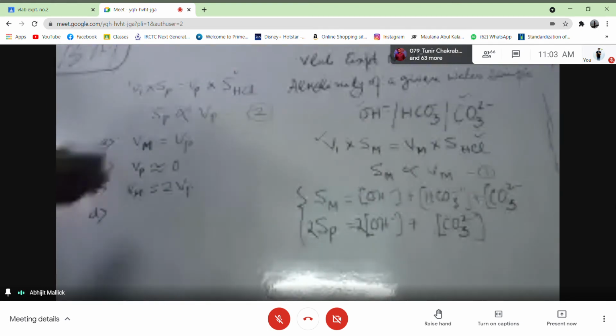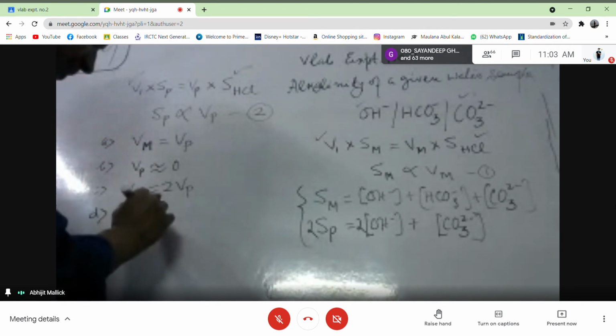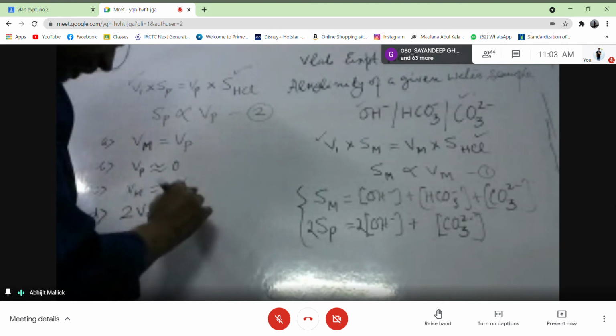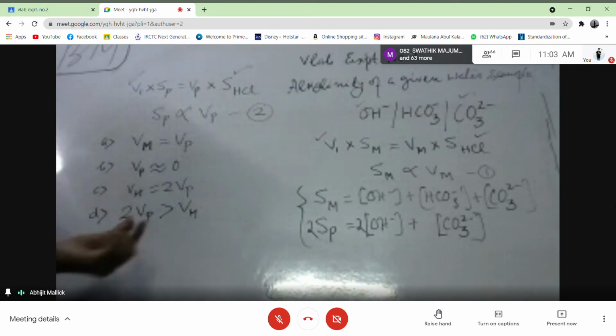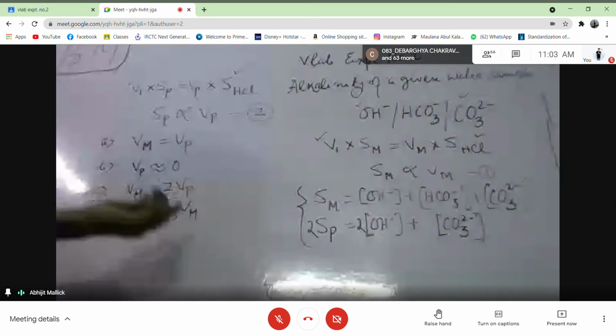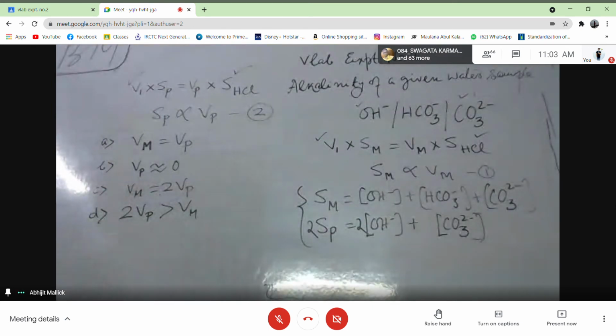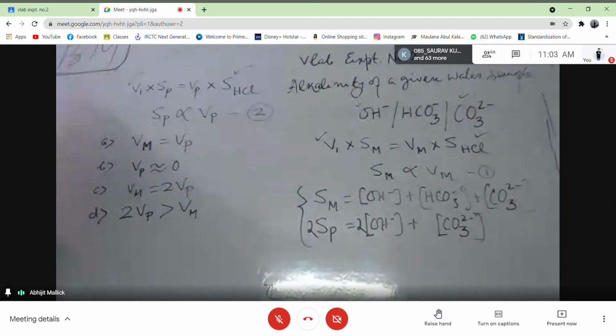So using equation 1 and 2, we can write 2VP is greater than VM. For example, if VP is 6 then 2VP is 12, so VM will be less than 12, say 10, 9, etc. If this happens, we can conclude that these two are present and this one is absent. Got my point? Is it clear?